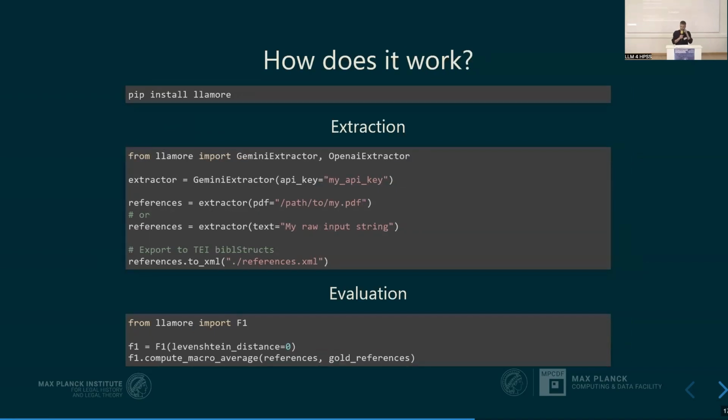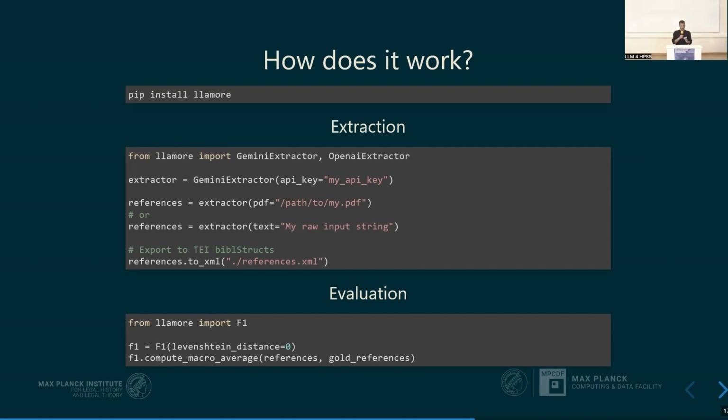This is a small primer of how this package works. It's on PyPI, so you can simply install it via pip. Then for the extraction part, you define your extractor, depending on the model you want to choose. With the OpenAI extractor, we basically cover compatibility to the open models, because most of the open model serving frameworks like Ollama, vLLM, and so forth provide an API endpoint that is compatible with the OpenAI one.